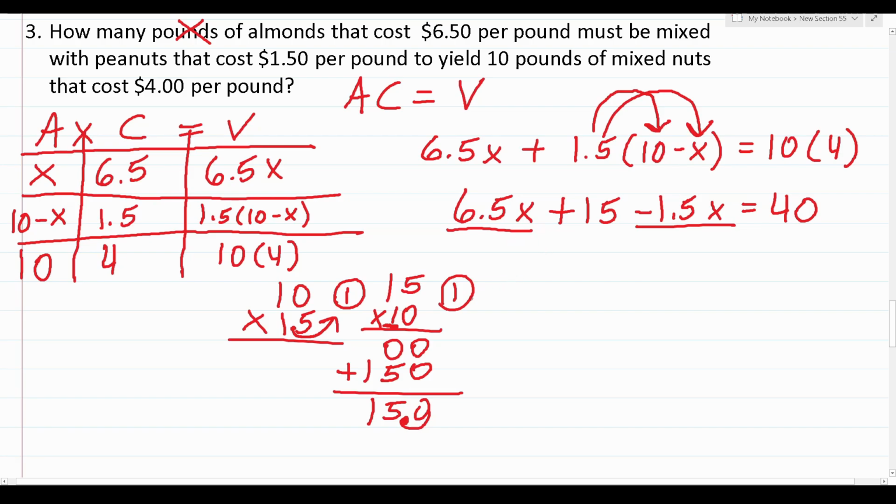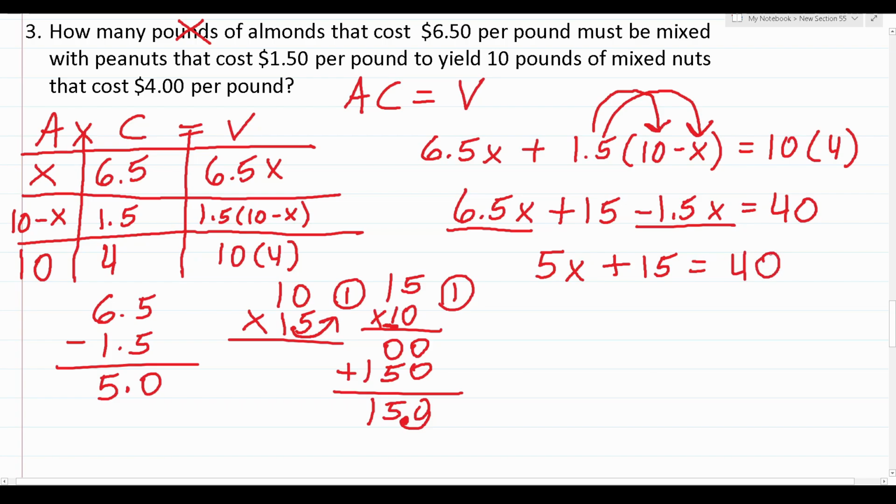And in case you can't do that in your head, you can always do it off to the side like this. 6.5 minus 1.5. 5 minus 5 is 0. Drop down your decimal. 6 minus 1 is 5. So 6.5 minus 1.5 is just 5x. And then we have plus 15 equals 40.